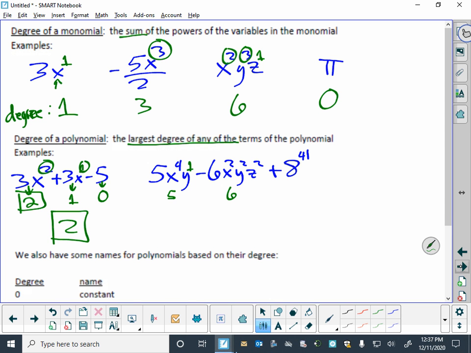It's the largest degree of any of the terms. The degree is the sum of the powers of the variables in the monomial. This has no variables in it, so this one is degree 0, and the biggest number in this list is a 6. That's the largest degree of any of the terms in there, so that is degree 6.